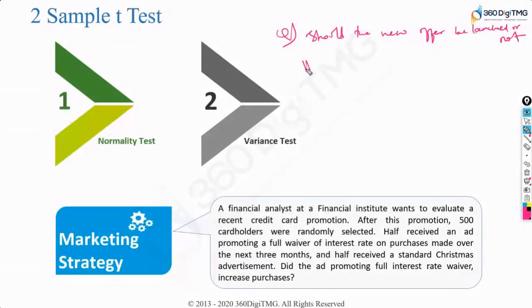Now the null hypothesis and the alternative hypothesis. We would launch the offer only when it is enhancing the purchases. If the average purchases using full waiver of interest rate are equal to the average purchases of the standard Christmas promotional offer, would it make sense to launch this new offer?